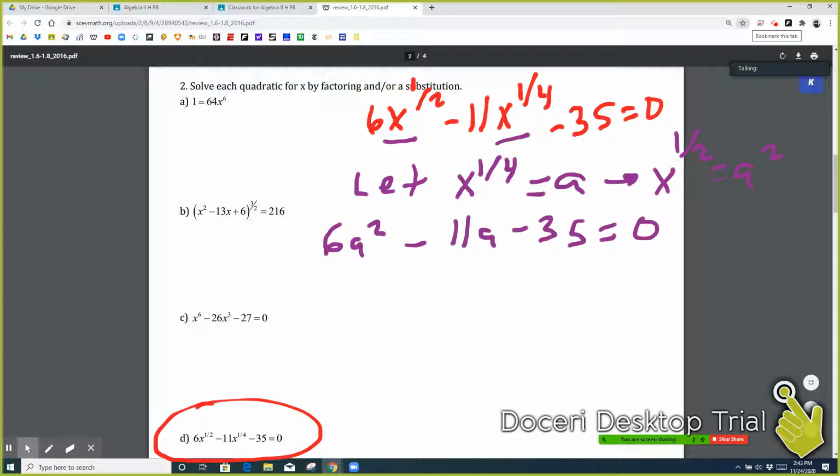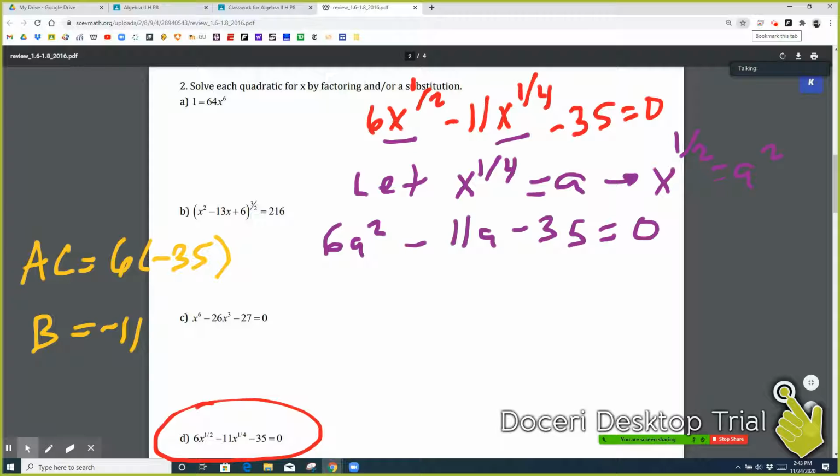Now, I don't know if this factors, but to see if it factors, we have to find two numbers that multiply to AC. So that would be 6 times negative 35, whatever that is. And adds to B, and adds to negative 11. So 6 times negative 35, let's see what that is real quick. Probably should be able to do that, but I can't. 6 times 35 is 210.